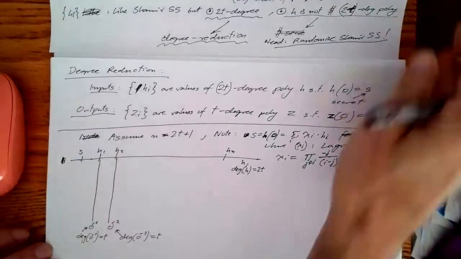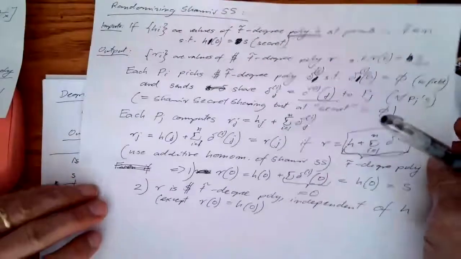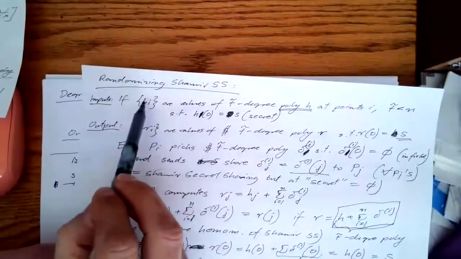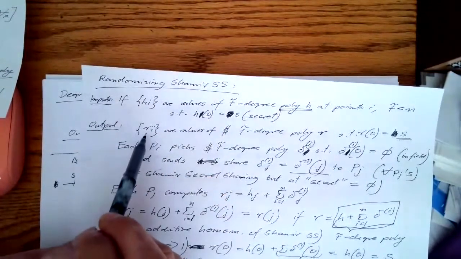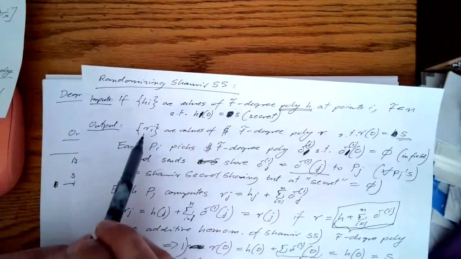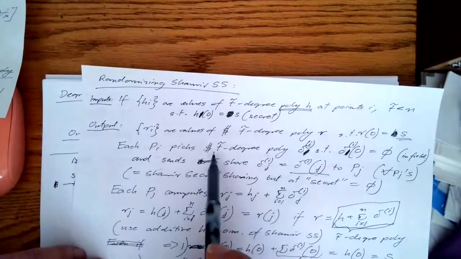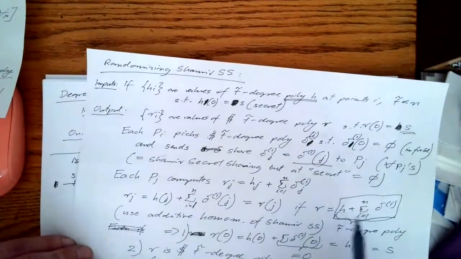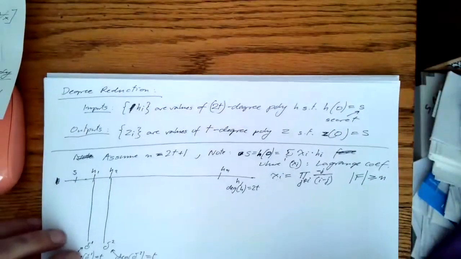And so just as in the randomization step, where they were sharing some non-random degree 2t polynomial, and they outputted a t-degree polynomial that was random and shared the same value. How? By generating random degree 2t polynomials and using additive homomorphism of the polynomial secret sharing. Degree reduction will actually work very similar.